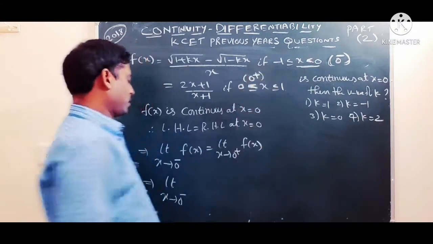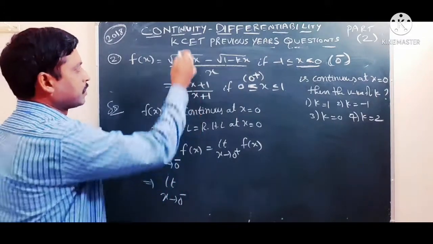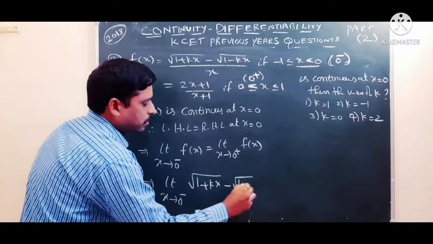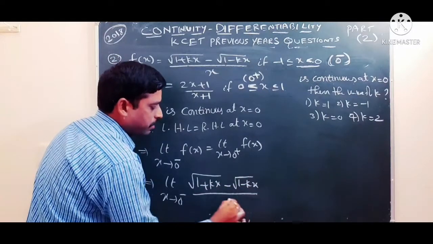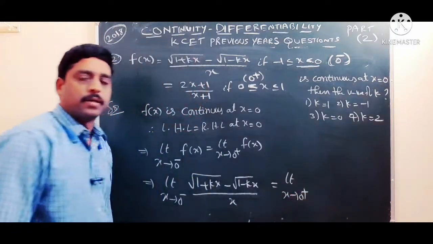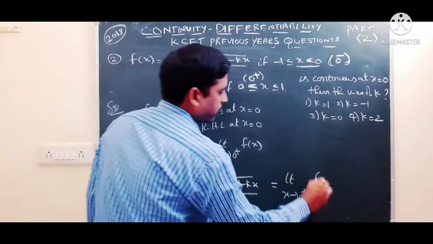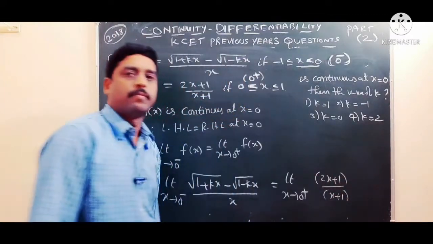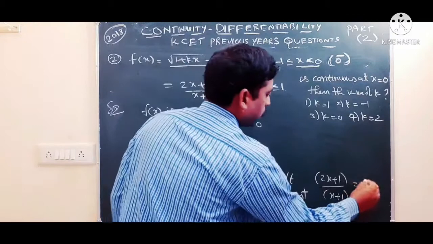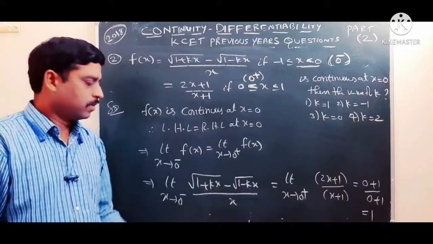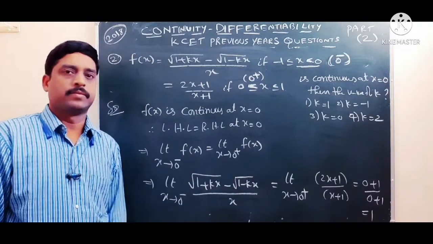So write: limit x tends to 0 minus of root 1 plus kx minus root 1 minus kx, this whole divided by x, is equal to limit x tends to 0 plus f of x, 2x plus 1 by x plus 1. Put x is equal to 0, this value will be 0 plus 1 by 0 plus 1 is equal to 1.